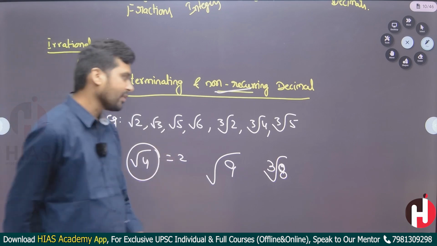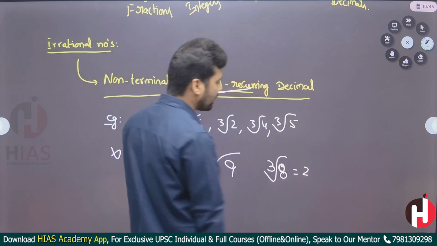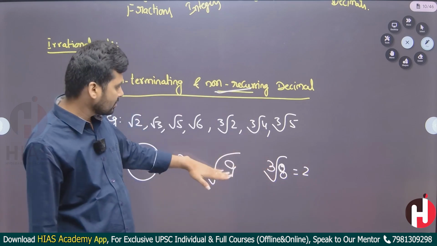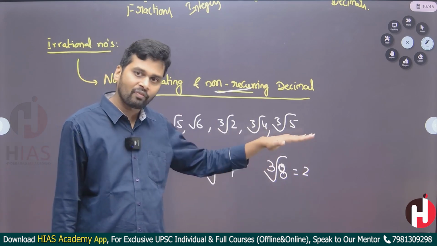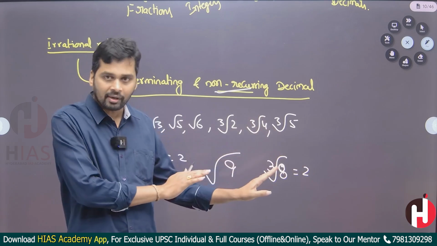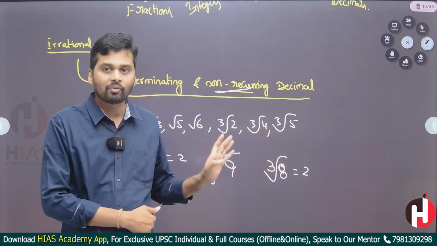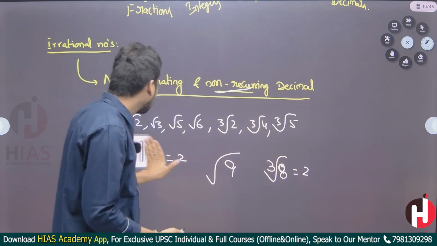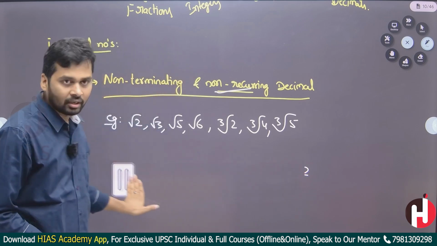When we get perfect squares, perfect cubes, perfect fourth powers, those roots are not irrational. The rest of all are irrational numbers.